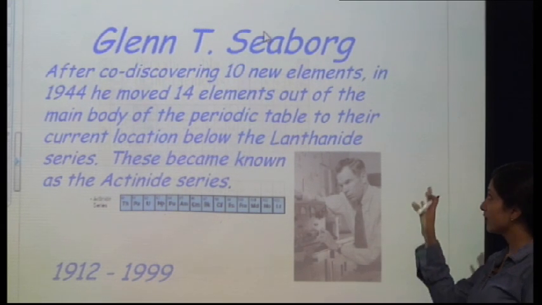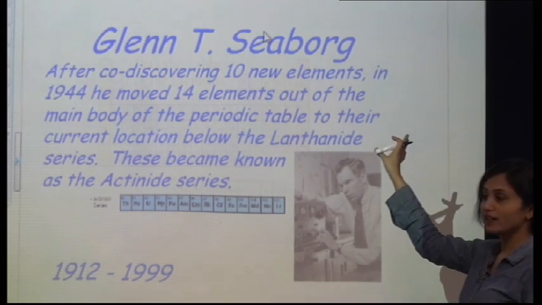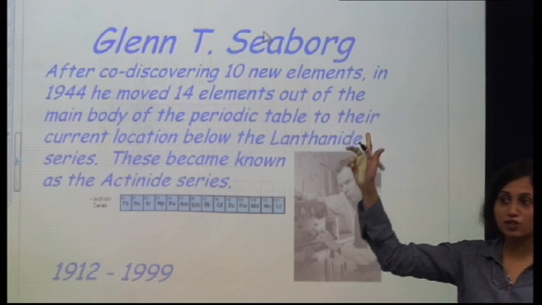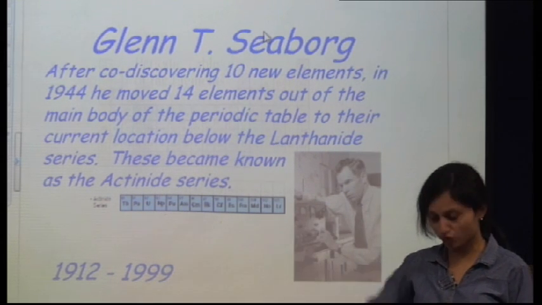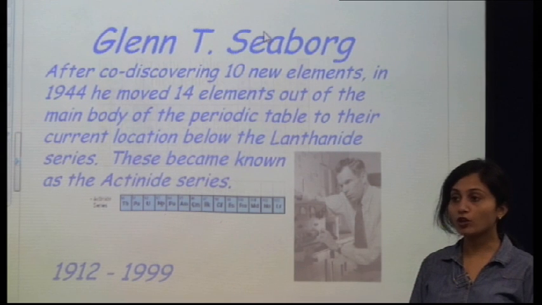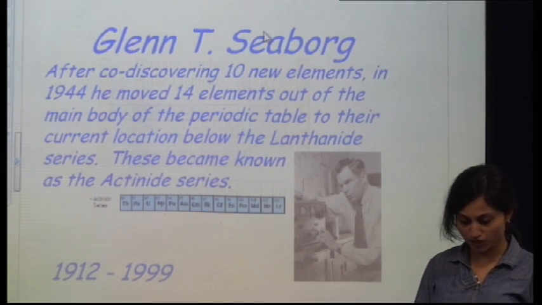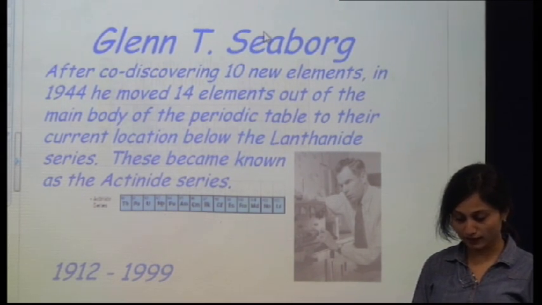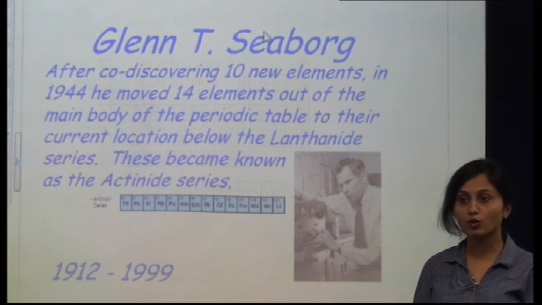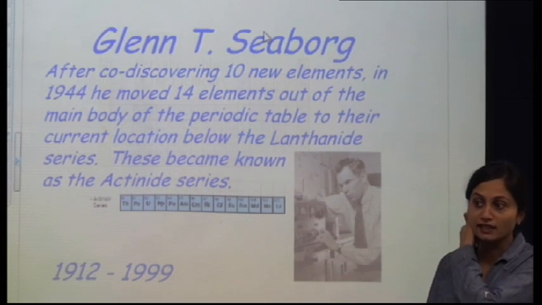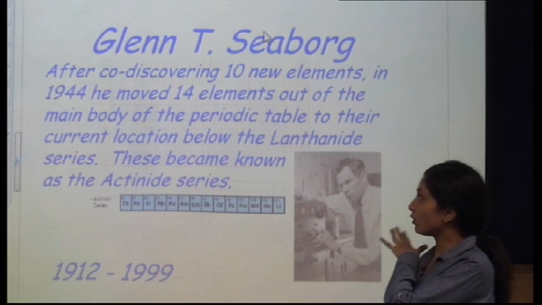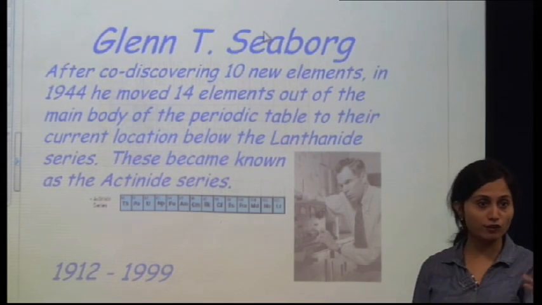And here what we have is Seaborg. I am talking about this scientist because you should also know about the newer versions now. The modern day periodic table was similar to the long form of the periodic table given by Mendeleev, but with Seaborg, newer elements now have a new place in the periodic table.